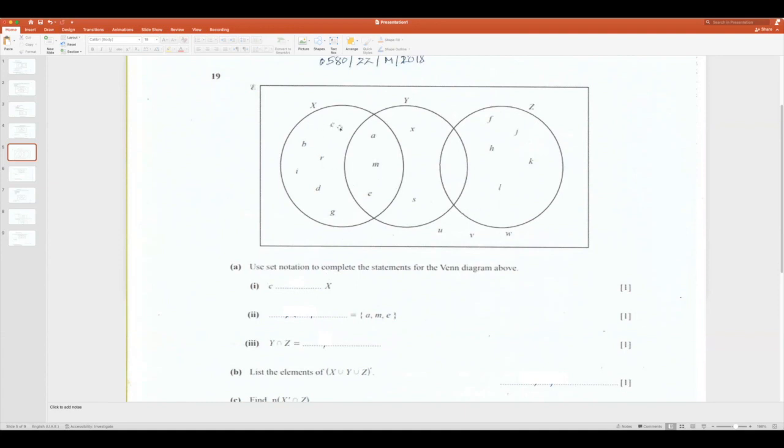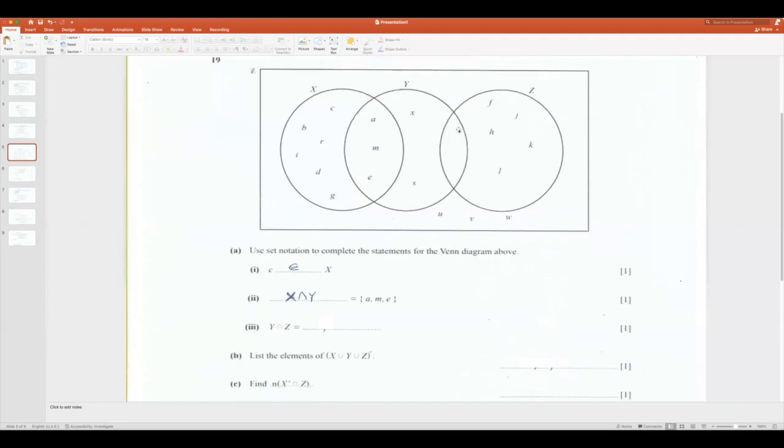C is an element of set X. Simple letters are used for elements. Where is A, M, E? This area is X intersection Y. Is there any value? Nothing, it is empty. So this is the null set.